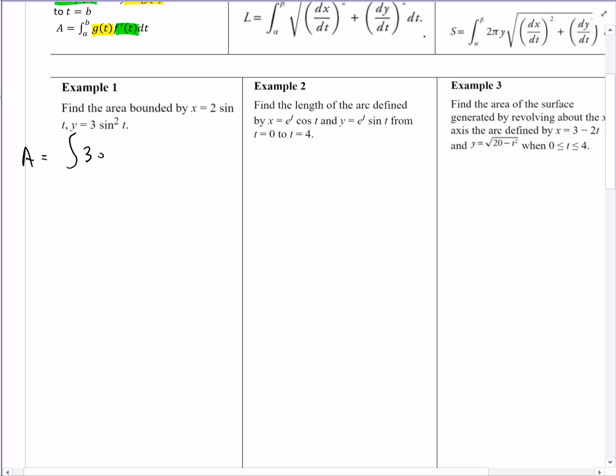So we're putting the y piece here, times the derivative of the x piece, right? So we need to find dx dt. Let's go ahead and do this. dx dt equals 2 cosine t. So we're going to put 2 cosine t here, and we're integrating with respect to t.